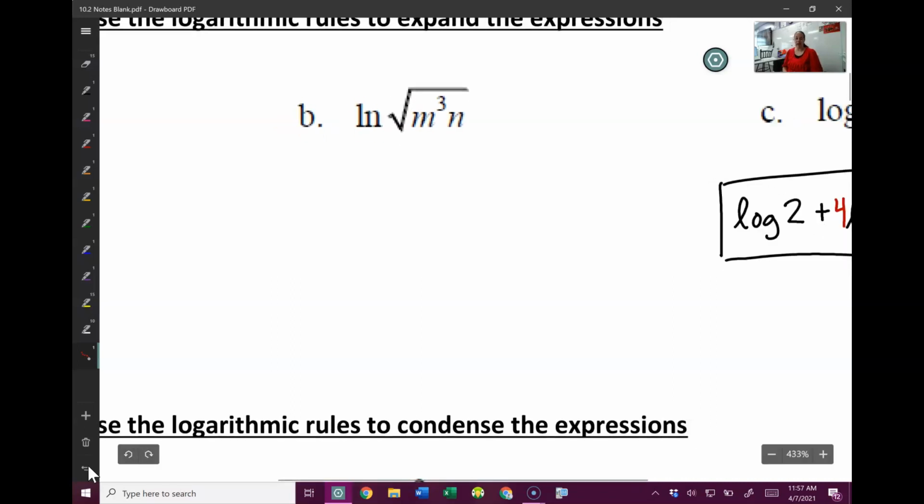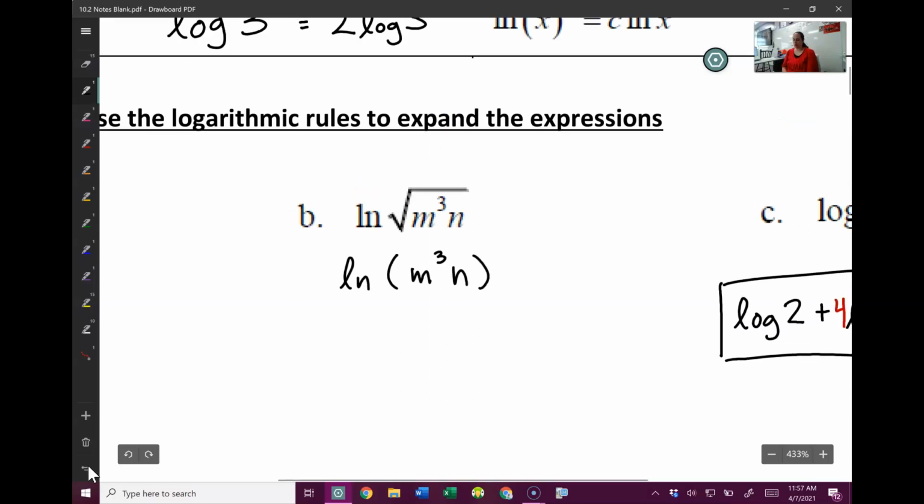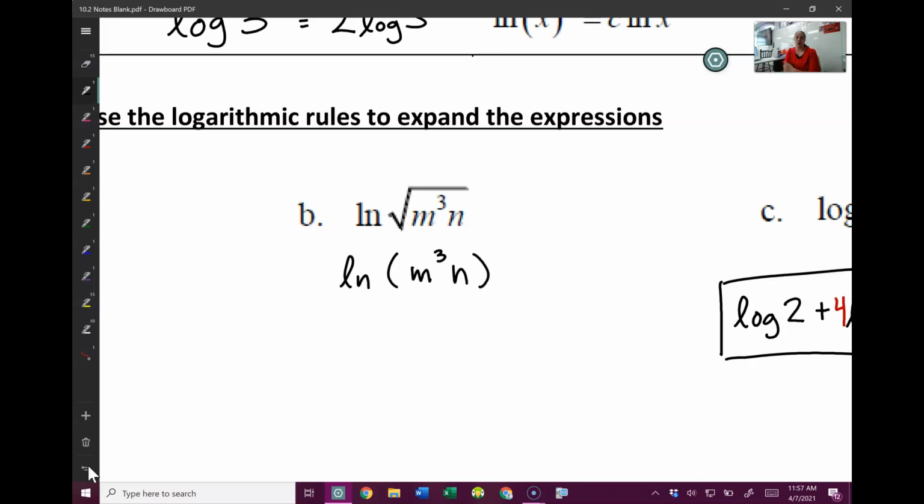This one's an ln, a natural log, log base e. And this one has one really weird thing. And this root actually comes from a rule of exponents that you learned last year.